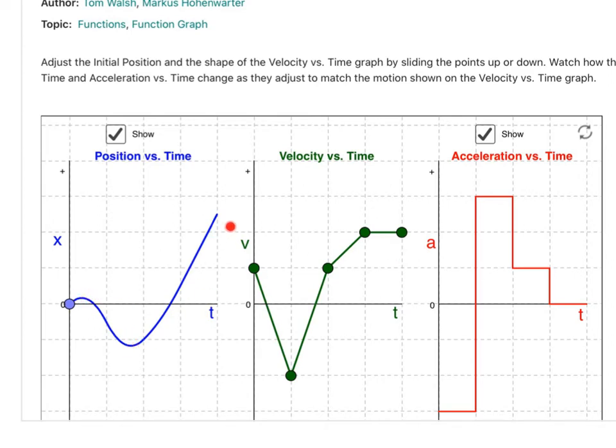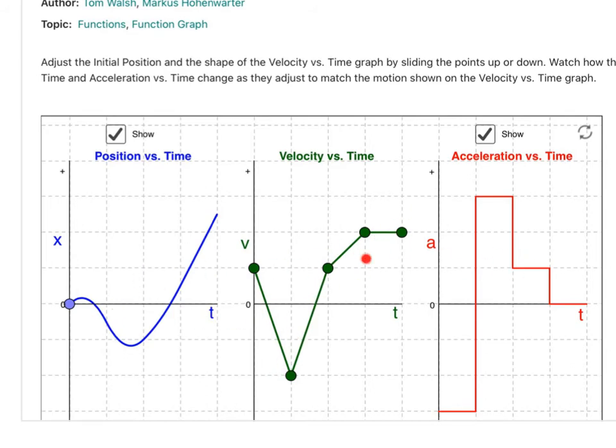If it's a curve, then it has a type of acceleration. A downward curve is a negative acceleration. An upward curve is a positive acceleration, because when you're going downward you're getting less and less velocity, and when you're going upward, you're getting a greater velocity, right? And so that shows here.